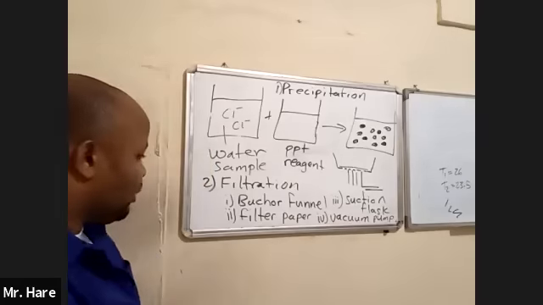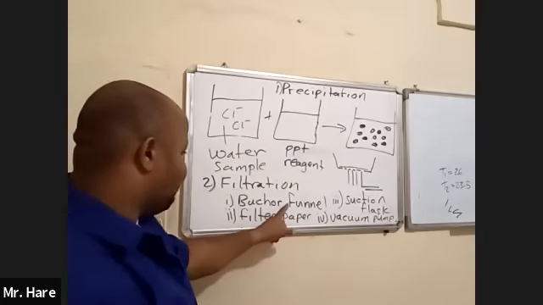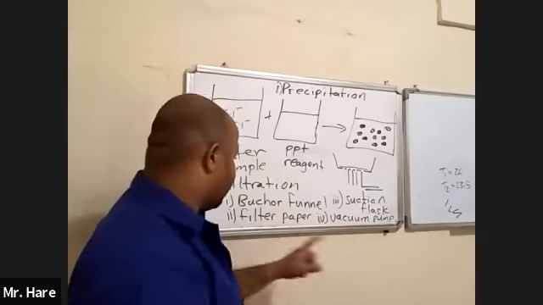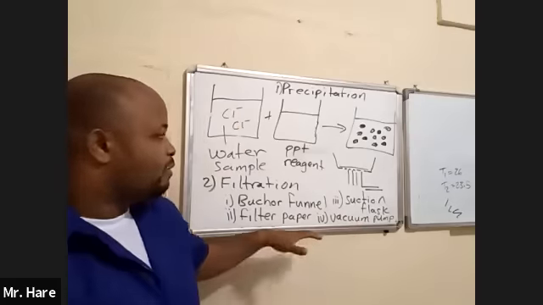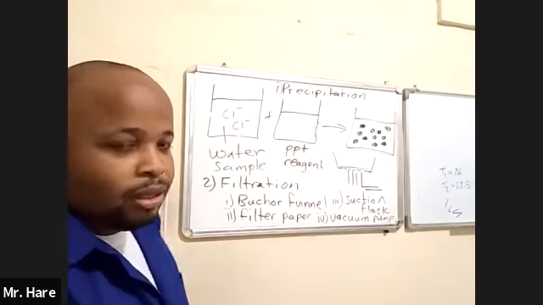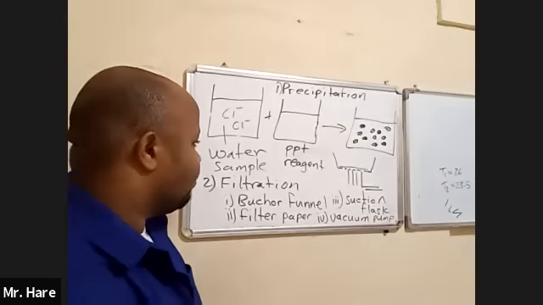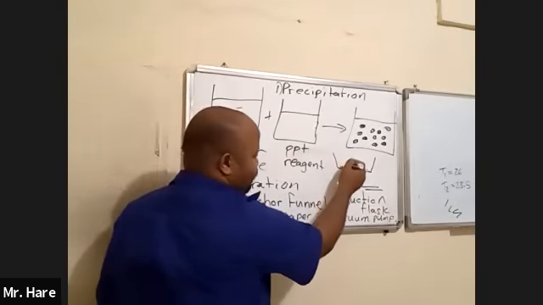So for filtration, we use the Buchner funnel, suction flask, filter paper, vacuum pump. Now, after filtration is completed, what would you do? Inside the Buchner funnel, we would have the precipitate.